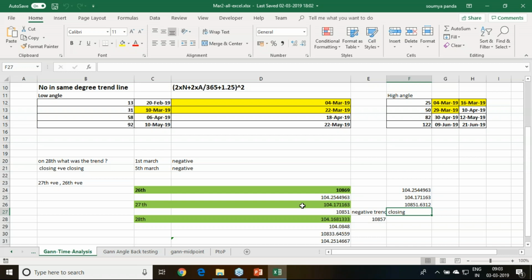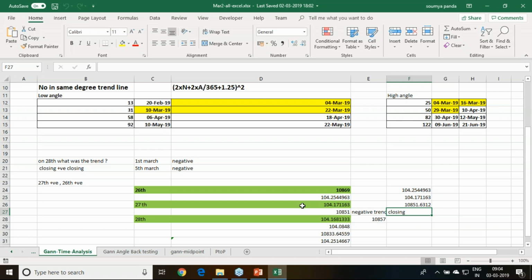Just by looking at the closing price, we cannot know whether today's closing is a real trend negative closing or a trend positive closing. For that I told you to take the help of 15 degree trend lines, and there we also saw one example.